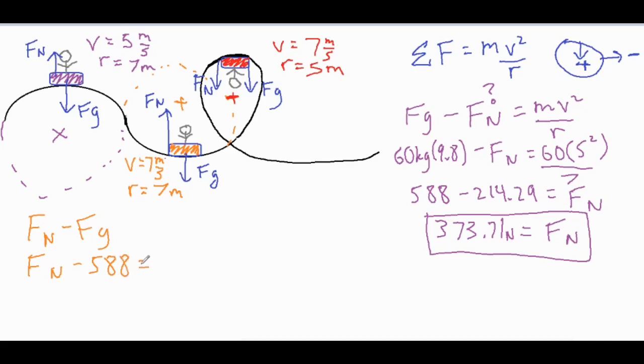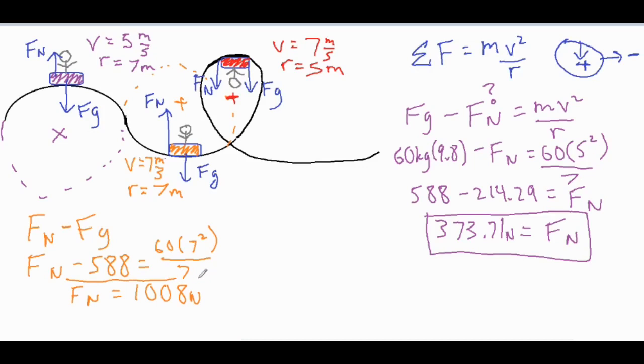We already know that's 588 newtons from our previous problem. And then if we plug in mv squared over r using the v and r provided, then we basically have everything we need. And then our Fn equals, and then we add 588 to this number over here, which is 420, and we get 1008 newtons.